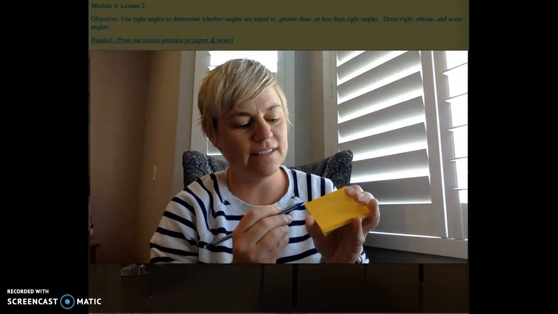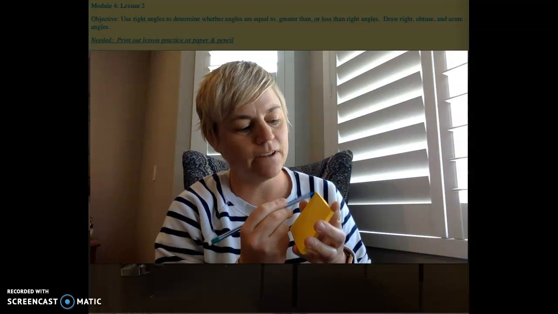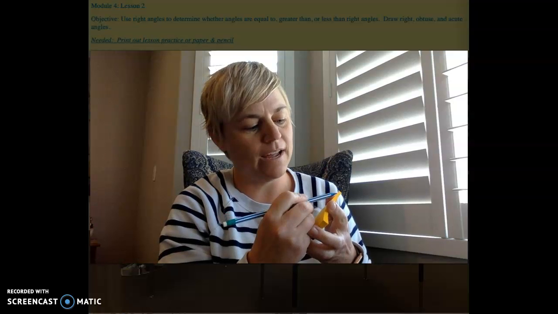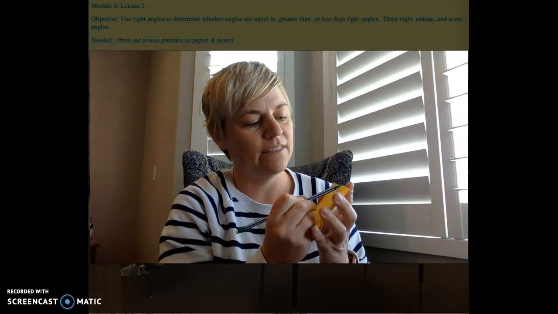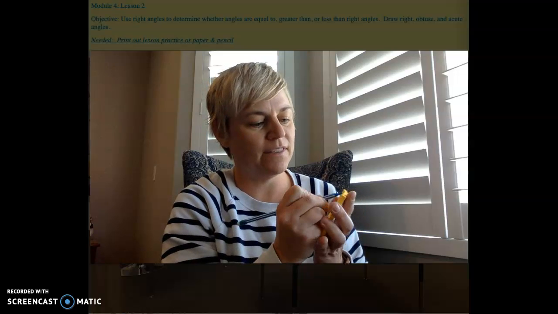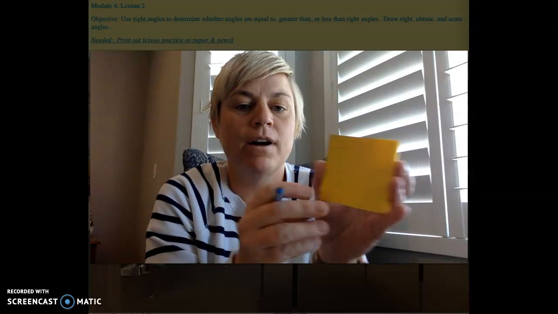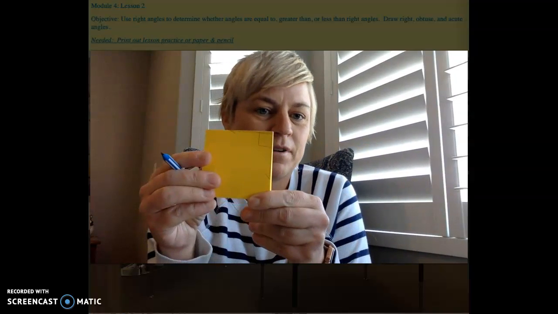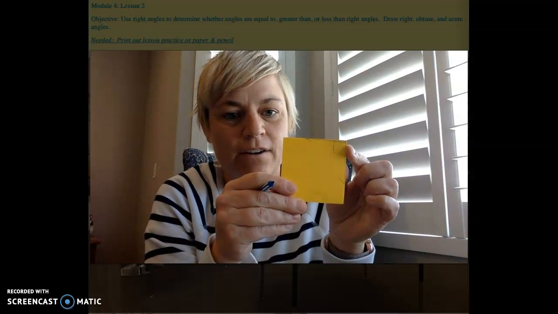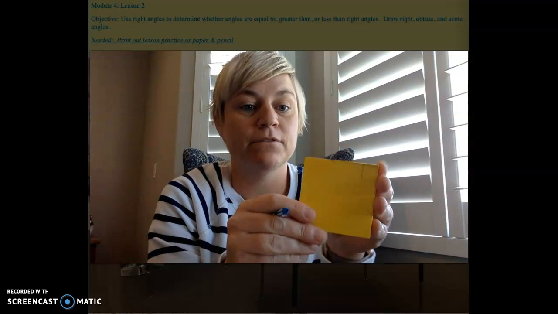So that means this line here on the edge and this line here are the two lines, the two rays that are making a right angle. So I'm going to have my two arrows on the ends, and that's my right angle right there. So any corner of a paper is always a right angle, and it makes a perfect square. If it is not a perfect square, then it's not a right angle. It has to be a perfect square.